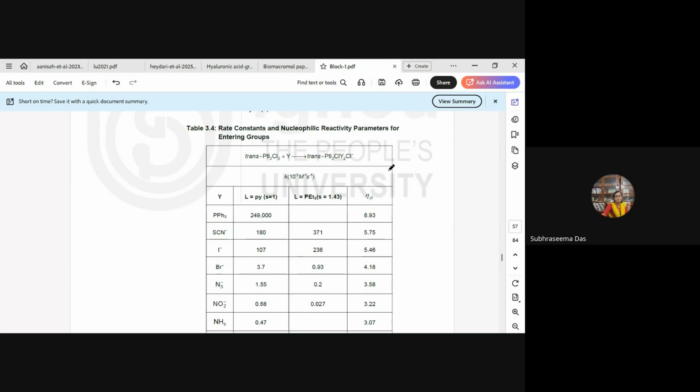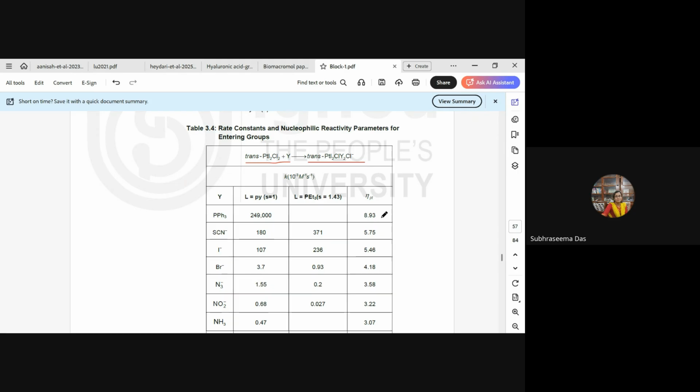In table 3.4, the rate constants and nucleophilic reactivity parameters for different entering groups have been shown. This is trans platinum py2Cl2 plus Y, forming the same configuration, trans platinum py2ClY plus Cl minus, so the configuration is retained in both cases.